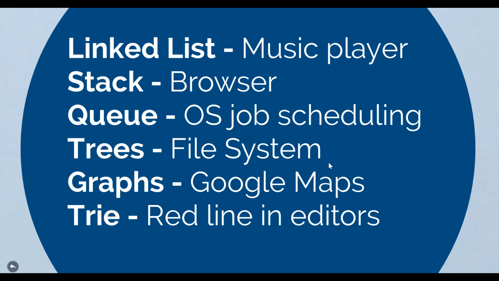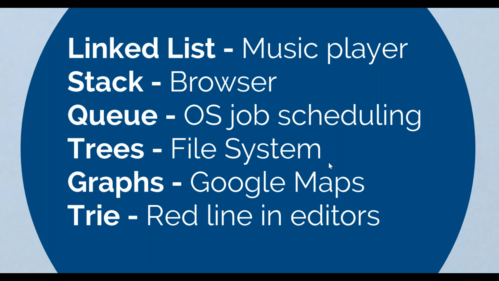And we all have mobile phones and computers, right? We have file systems. How are the file systems done? Folder A inside folder B inside folder C, and there is a folder D. So all this is stored using a tree data structure. Graphs, no need to mention, everyone uses Google Maps. Google Maps internally uses the graph data structure.